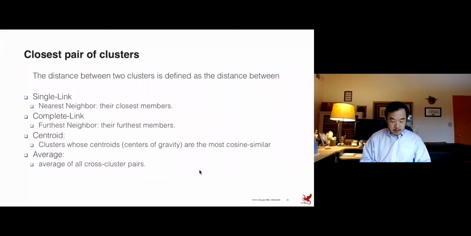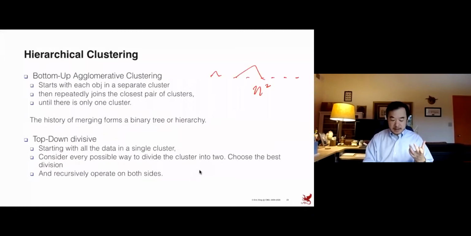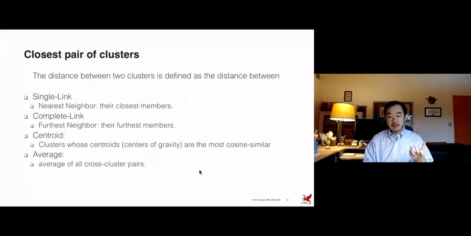Okay, so we just talked about measuring distances, but in hierarchical clustering the closeness measure is not just between a pair of samples. If you reach a level of multiple clusters, each with just a few data points, you need to further aggregate them.